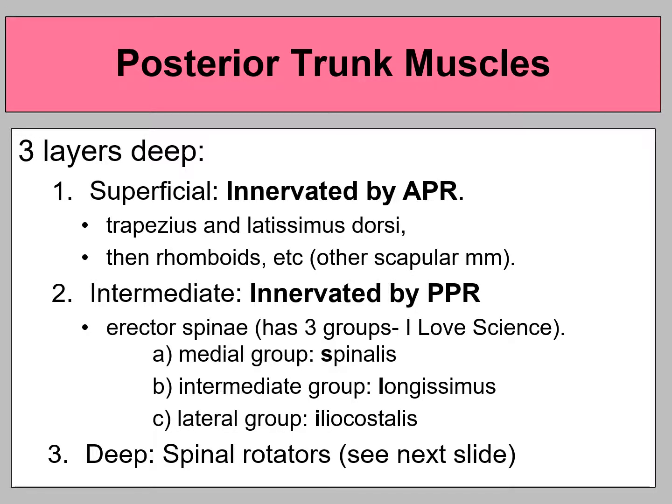Then we have the intermediate level of posterior trunk muscles. And if you like the acronym I Love Science, going from lateral to medial: iliocostalis, longissimus, and spinalis. And then our deepest layer is going to be our spinal rotators, which we will see on the next slide.